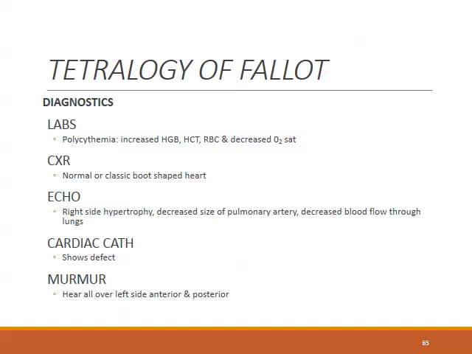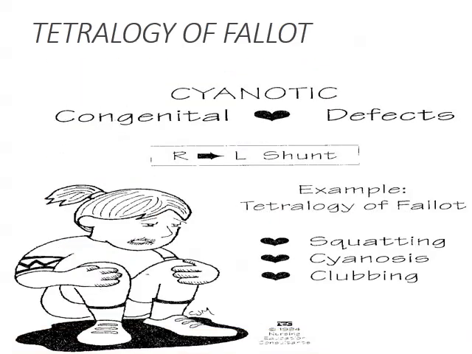Cardiac cath is going to show a defect, and a murmur, of course, you're going to hear all over the left side, anterior and posterior. So squatting to breathe, cyanosis, and clubbing, all those things are examples of things that these patients will show.